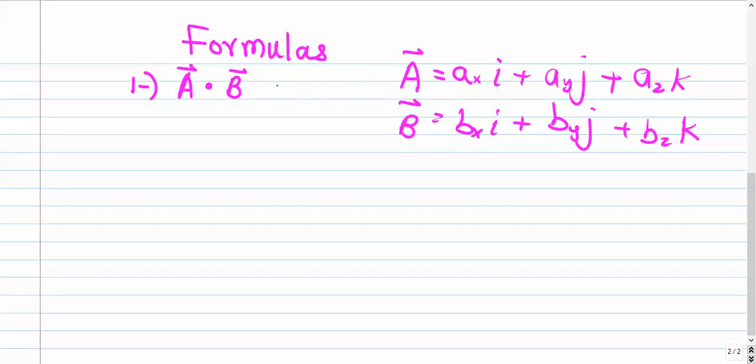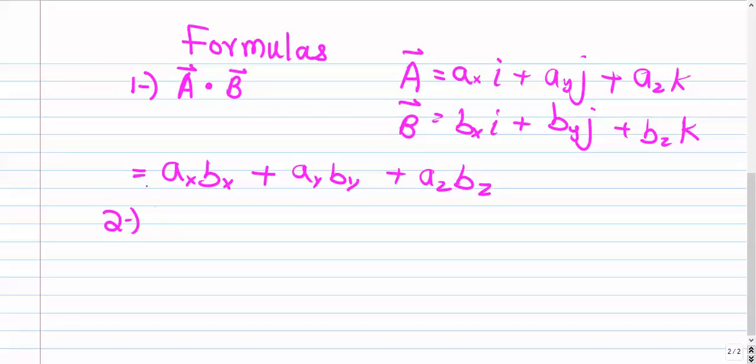Once you have the Cartesian form of two different vectors, you can take their dot product by taking the product of their respective x, y, and z components, and after that adding. The dot product would end up something like this. So this is the first formula that we need to learn.